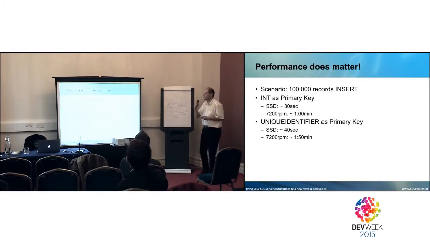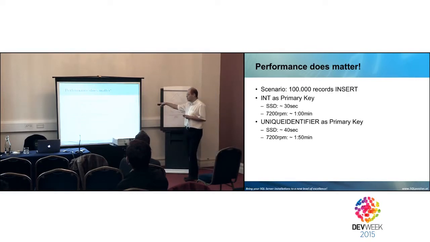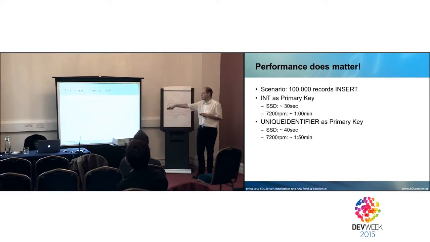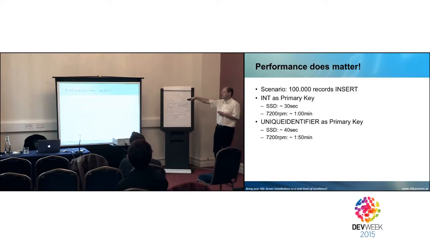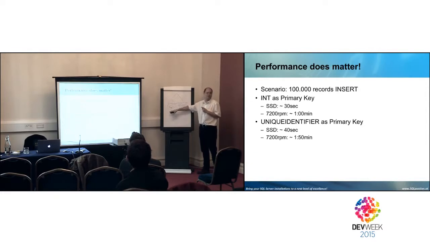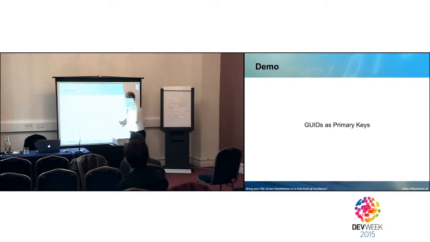When I'm doing the same with a unique identifier value, it took 1 minute 50 seconds. Random I/O, and they cost page splits, CPU overhead. And still, when you are running on SSDs, the page splits themselves just cost you some CPU cycles. It's just more work that SQL Server has to perform internally. Just think about that. Very simple to prove. Let's have a look at all those things.